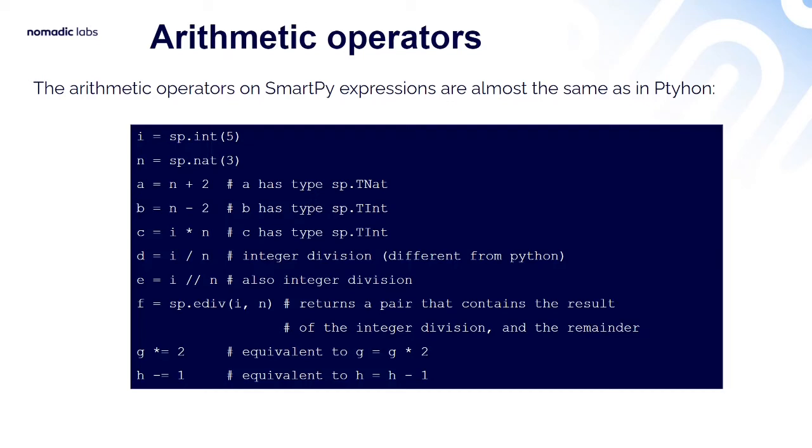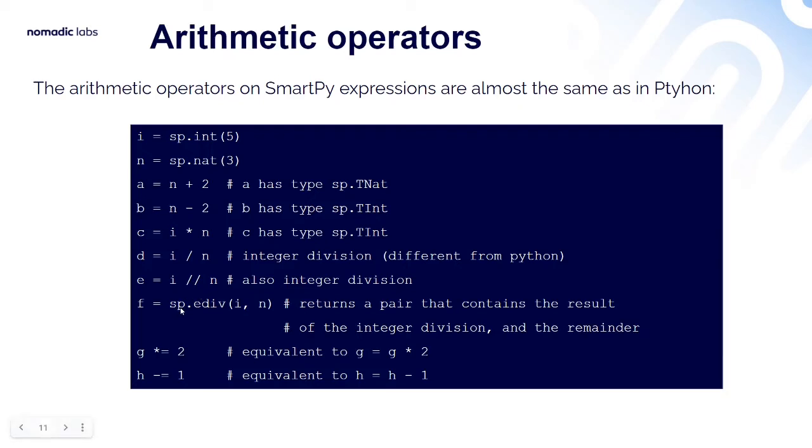We have arithmetic operators in SmartPy expressions, and they are almost the same as in Python. We can use additions, subtractions, multiplications. If you use division, we have to be careful that this is an integer division, since we don't have floating point values. And using 2 slashes is also an integer division, just like in Python.